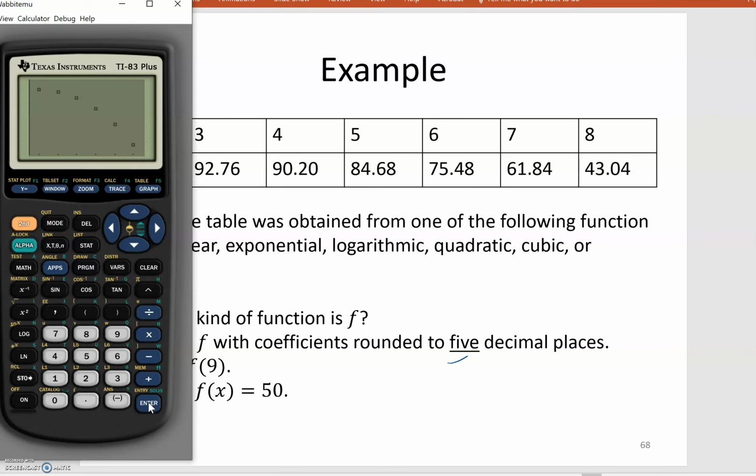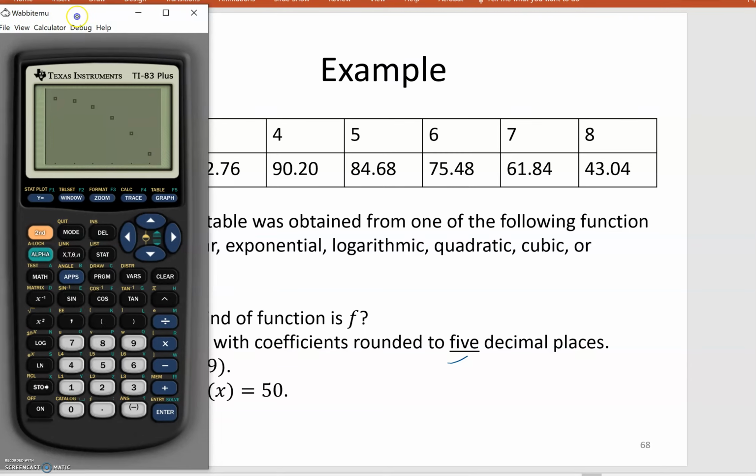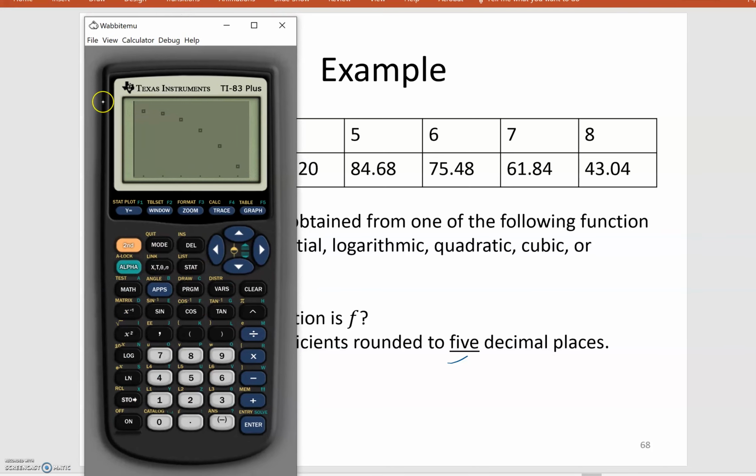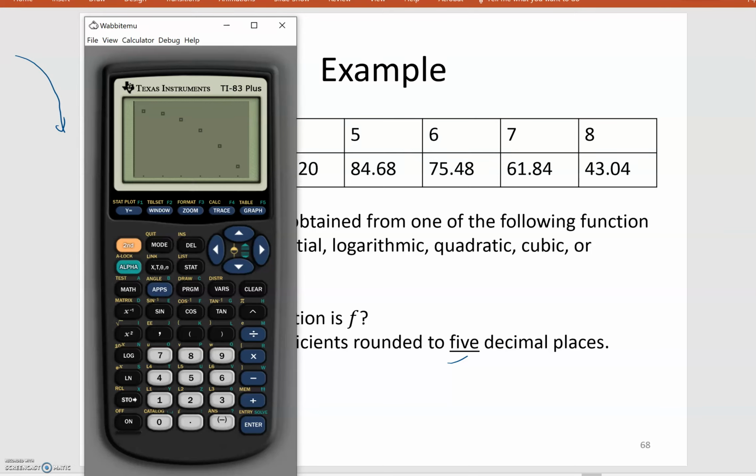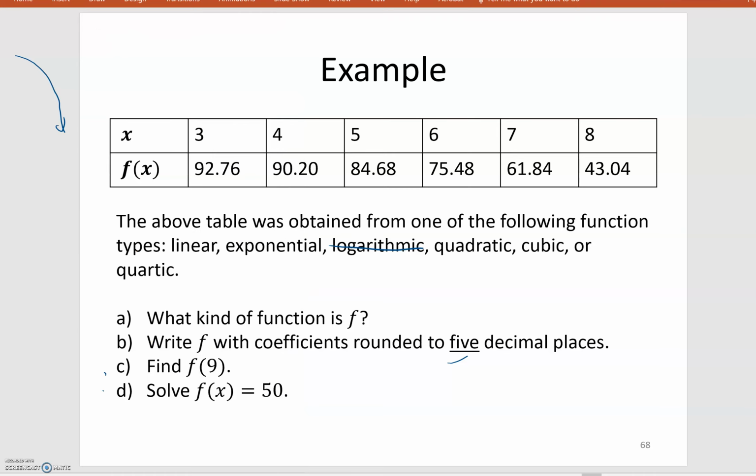Okay, so we can actually rule out quite a bit with this, because this is decreasing at an increasing rate. That rules out logarithmic, linear, and exponential, which leaves our polynomial models.